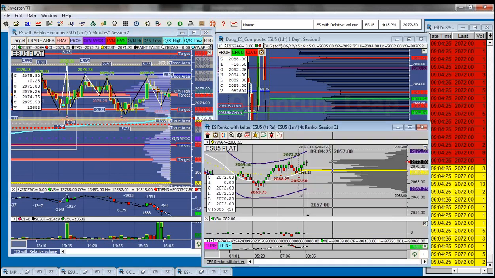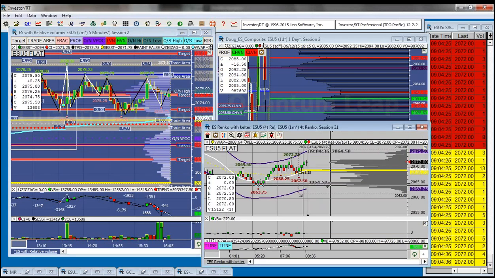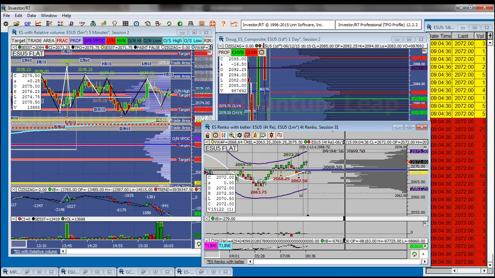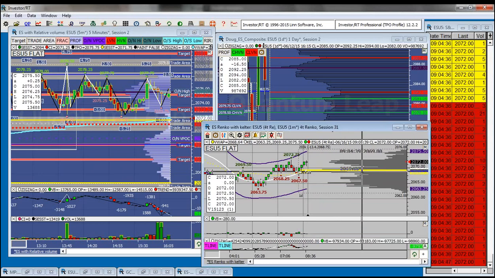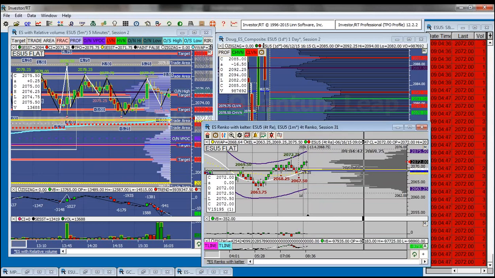So taking a look at the Keltner, you can see the overnight VPOC is sitting at the 69.50 area. It's also our 24-hour VWAP and our Keltner center line right now.